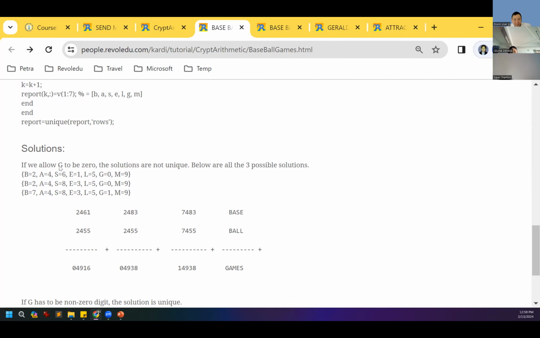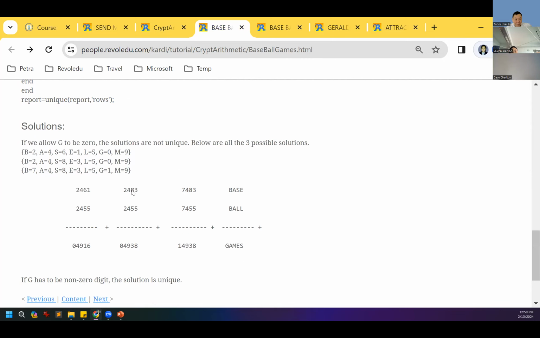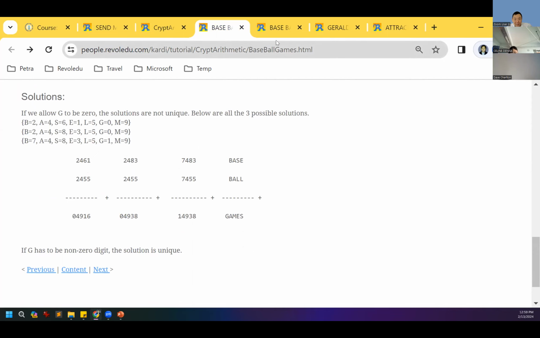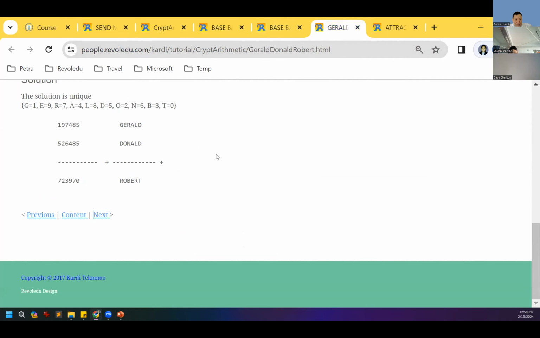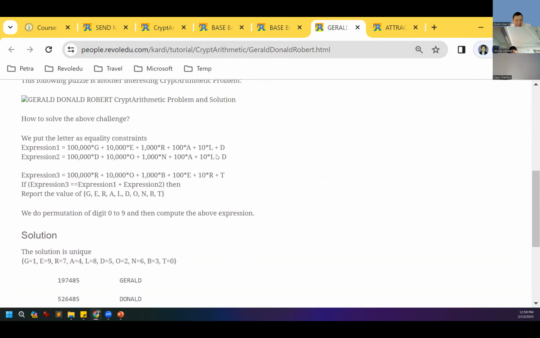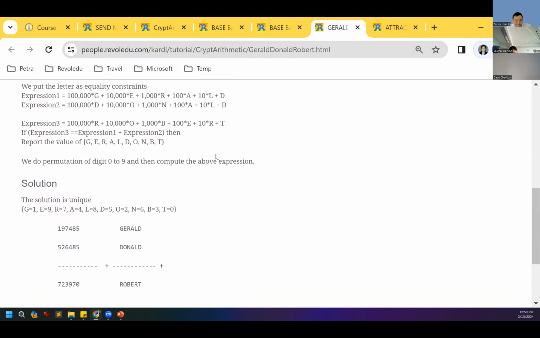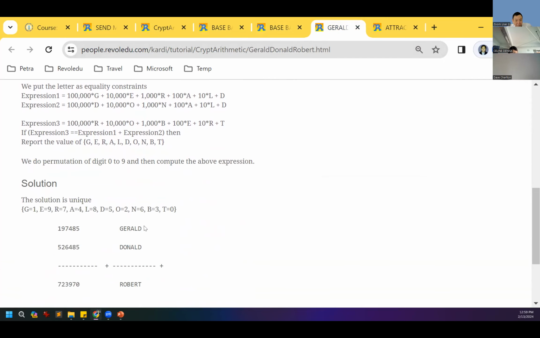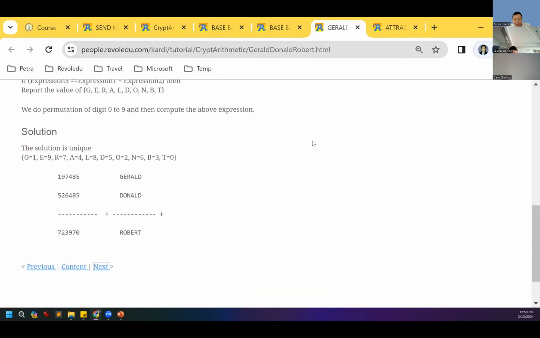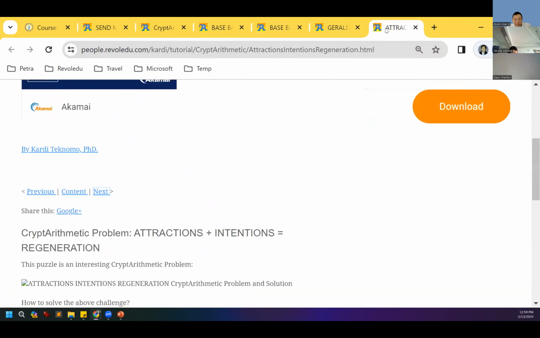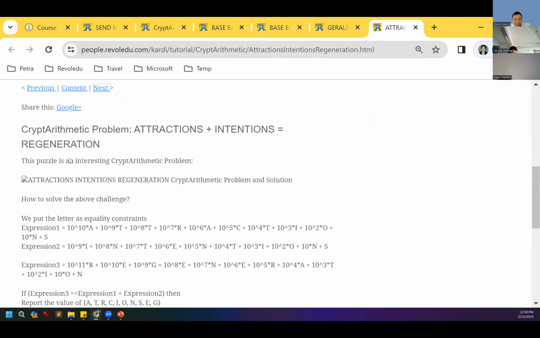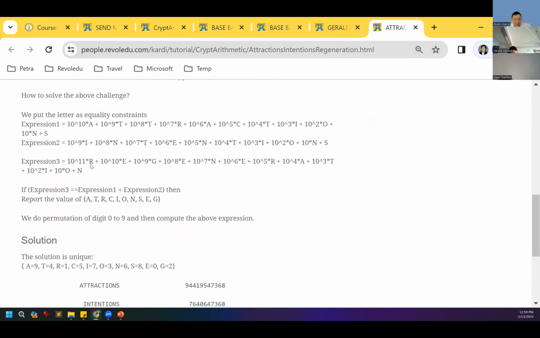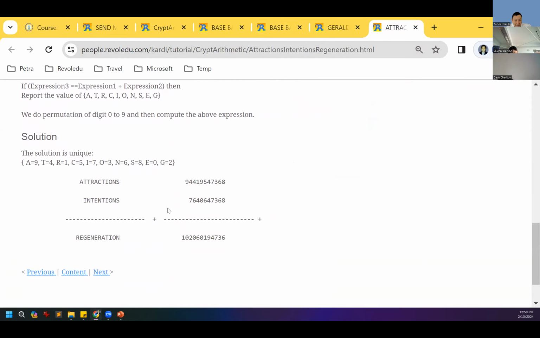And Gerald plus Donald equals Robert. In this case, you have only one unique solution. While for attraction plus intention equals regeneration, in this case the solution is unique. It's a very long solution.